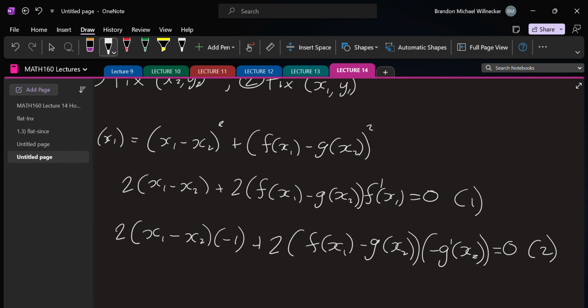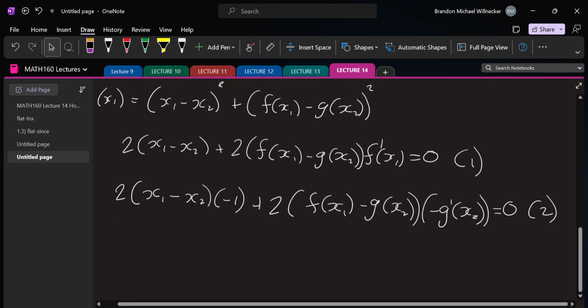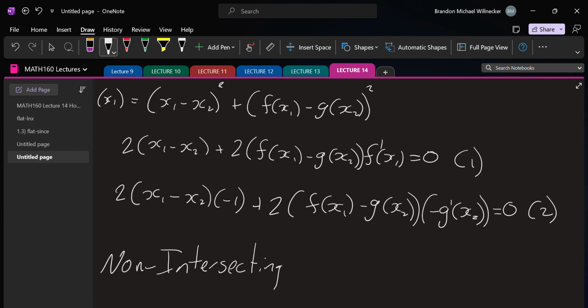Okay, we've got equation 1 and we've got equation 2. Now, these were non-intersecting. Non-intersecting means that the points are different. So x1 and x2 are different, y1, y2 different points. So what does that mean? It means x1 is different to x2.